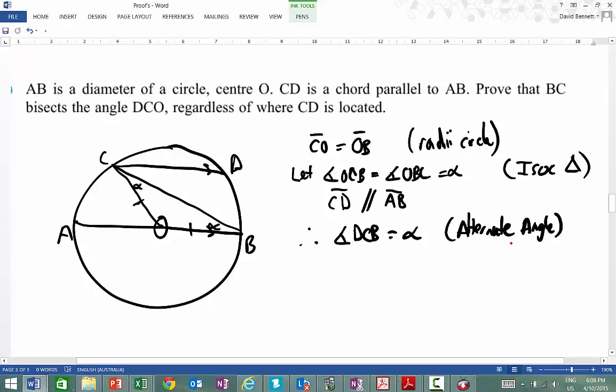So it's an alternate angle. So therefore CB bisects DCO. Okay, so therefore we've done that proof as well.